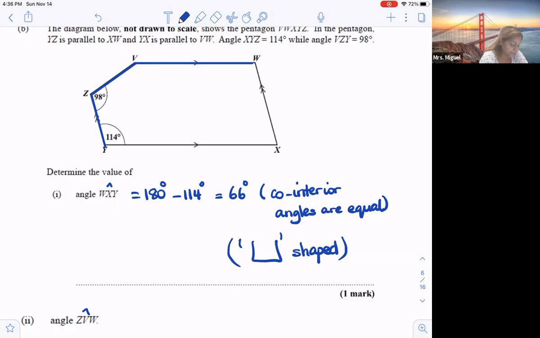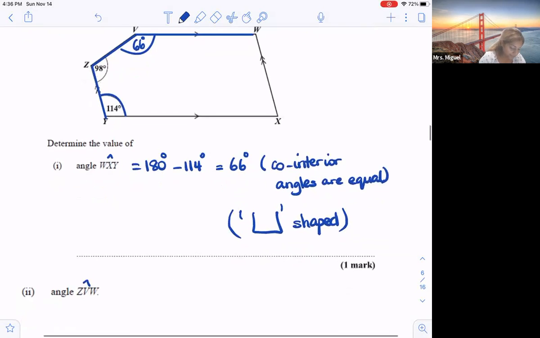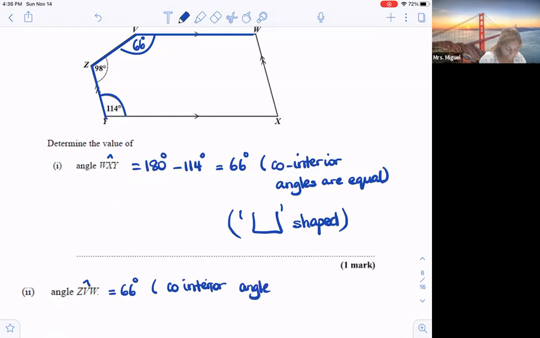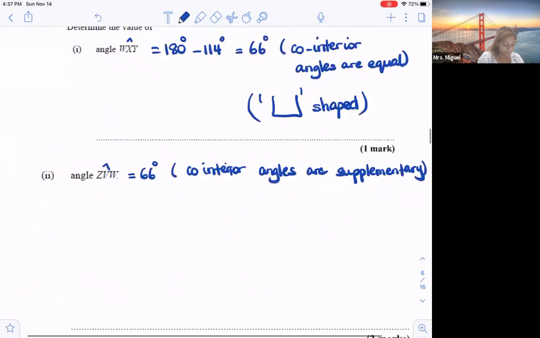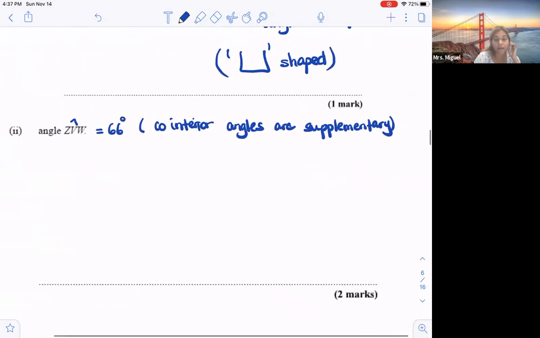So therefore, this angle is opposite to this angle, and they are supplementary. So this angle will be 66 degrees, right? So this angle here is 66 degrees. The reason, co-interior angles are supplementary. They add up to 180 degrees. So that was 2 marks, right?